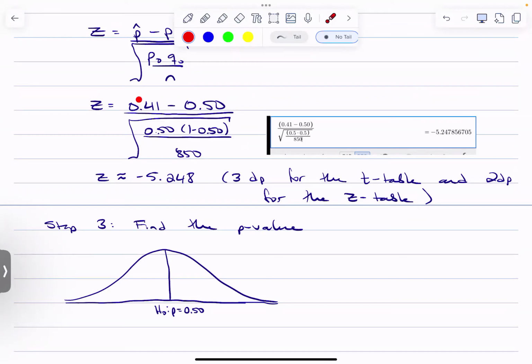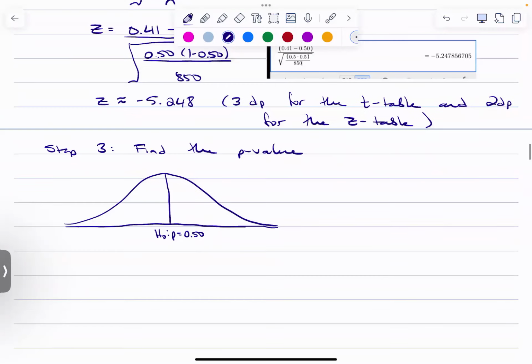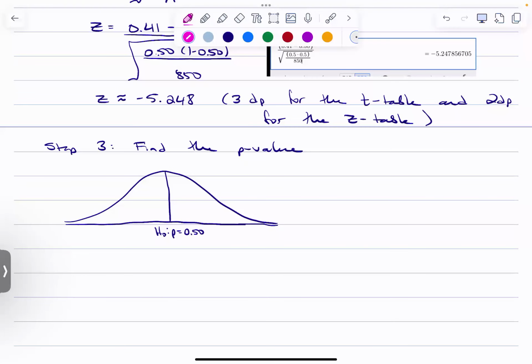It's possible, but it's very unlikely, right? And so what happens is we get our p hat equal to 0.41.